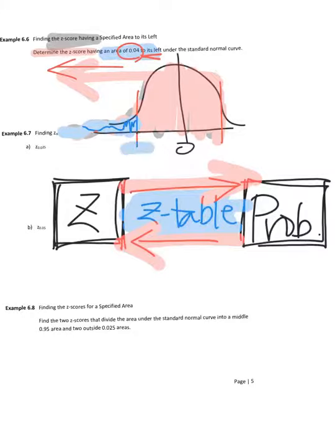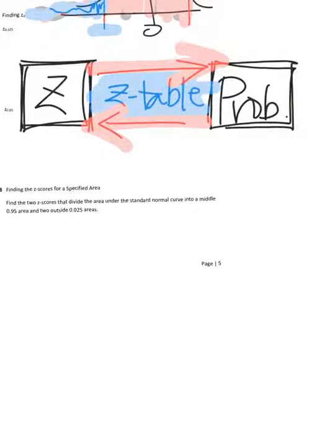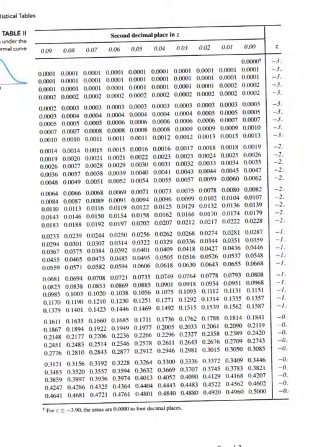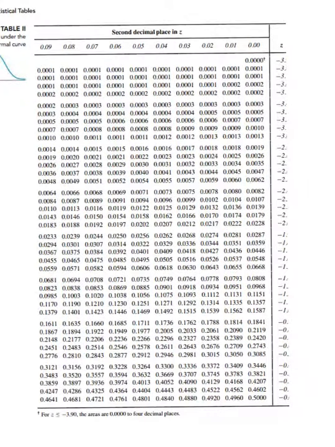So we can expect a negative z-score. So we have to go to the negative z-table, right? I gave you the two tables, but we have to go to the negative one. Where were the probabilities?